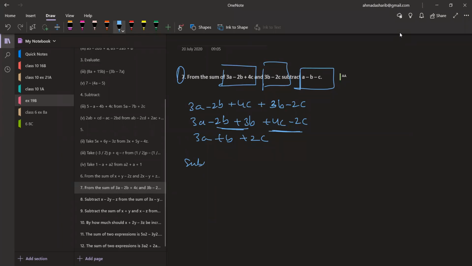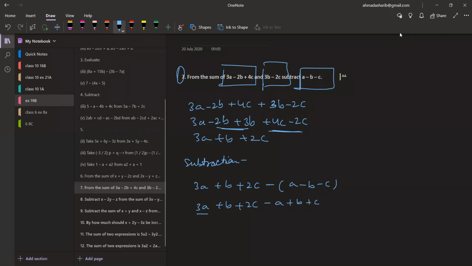So write subtraction: 3a plus b plus 2c minus a minus b minus c. So 3a plus b plus 2c minus a plus b plus c. Bracket open करने पे sign change.